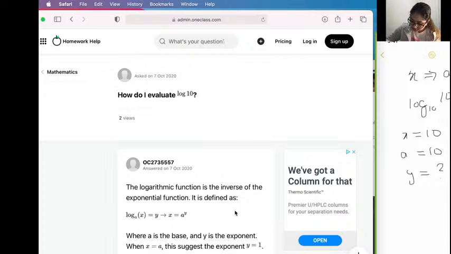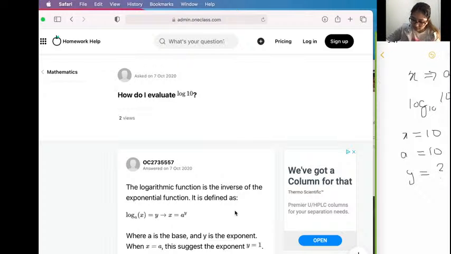Since a to the power of y is equal to x, we have to find a number which will ultimately equal 10. So a to the power of something has to equal 10.